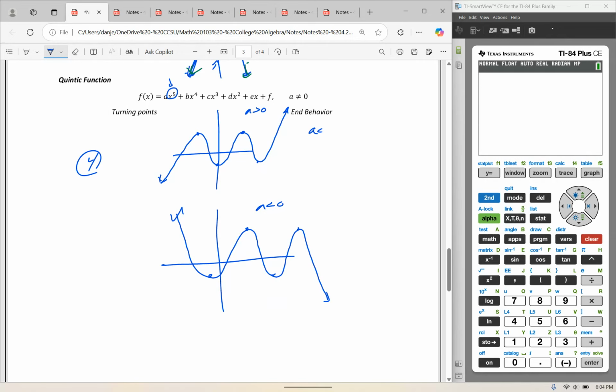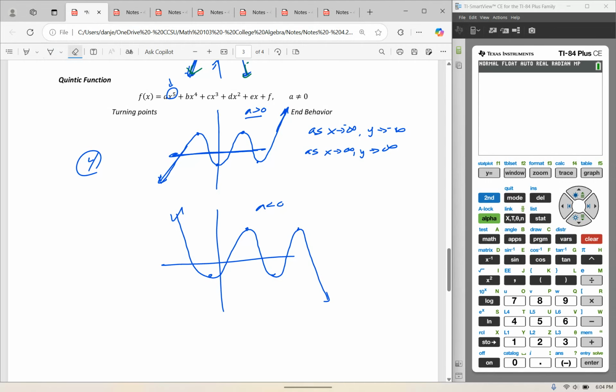For the end behavior, again, we're going to look as x approaches negative infinity. As x approaches positive infinity, what's y doing? Notice, if A is positive, if we look farther to the left, y is pointing down. If we look farther to the right, the graph is pointing up. That's a pretty ugly infinity. I'm going to fix that.